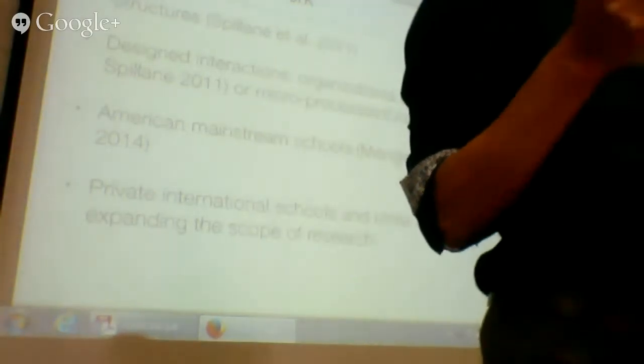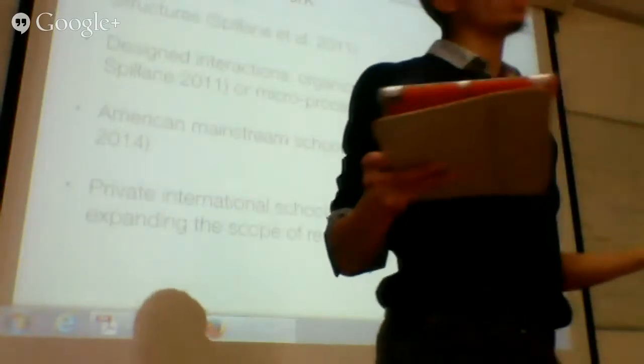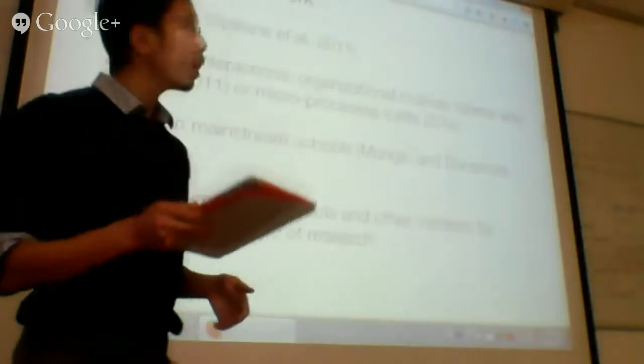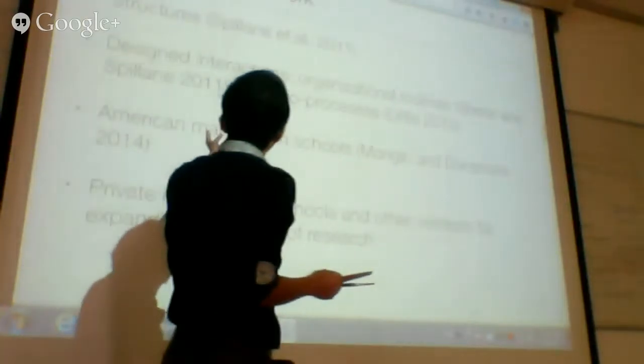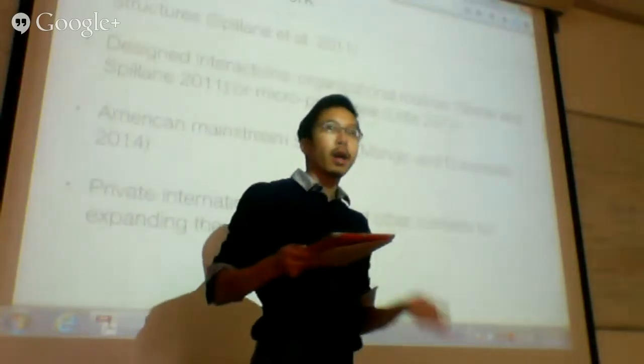To count as an organizational routine, something has to be repeated over time, recognizable to organizational members, and involve two or more staff members. That's how I understand designed interaction. And because schools are complex systems, structures and interactions are nested and can overlap.